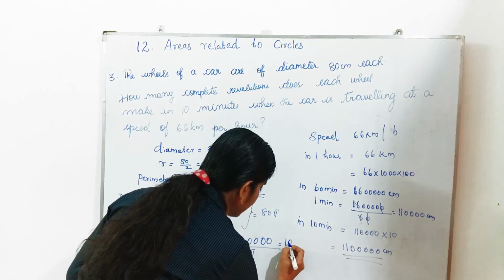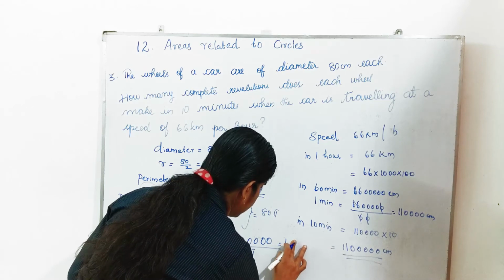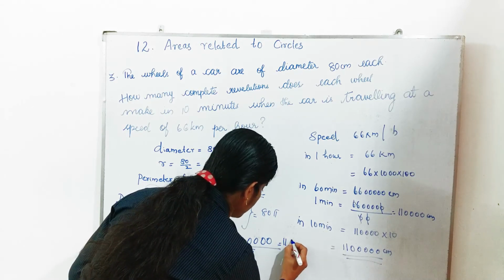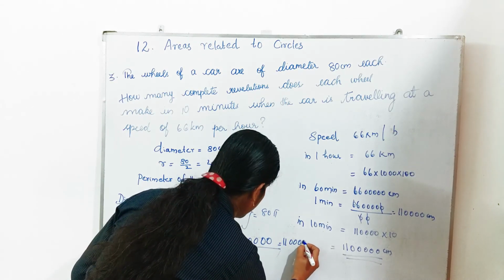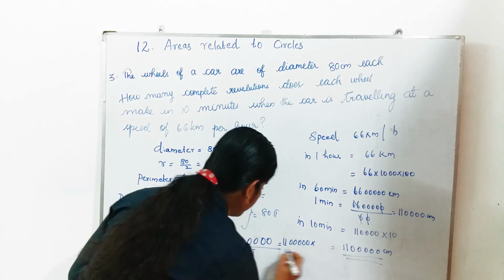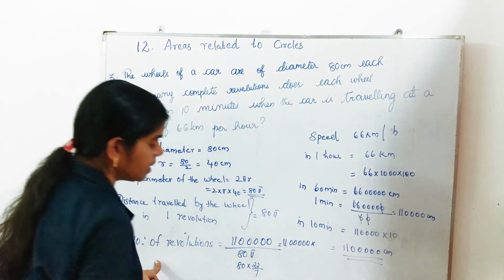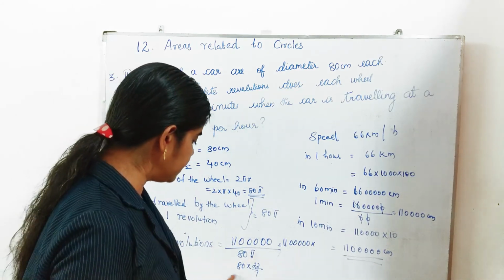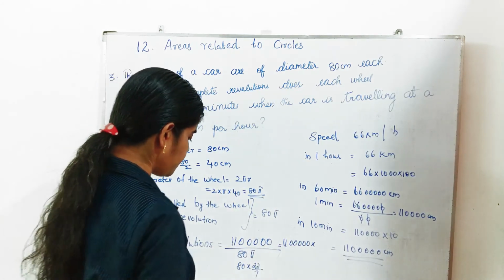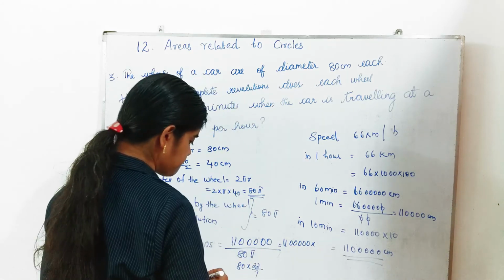So next will be 11 with 5 zeros into, here we will take 80 into 22 by 7. If you are multiplying, the 7 will come upward.